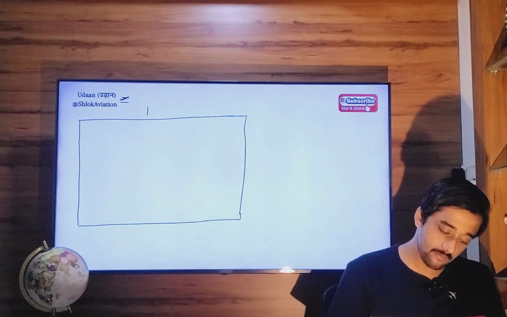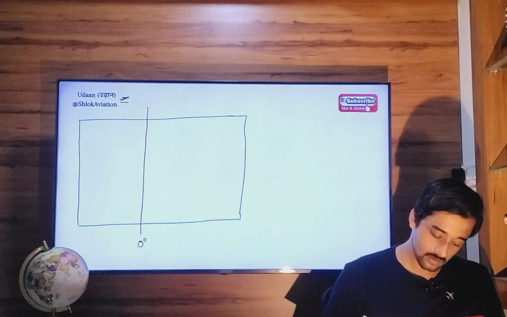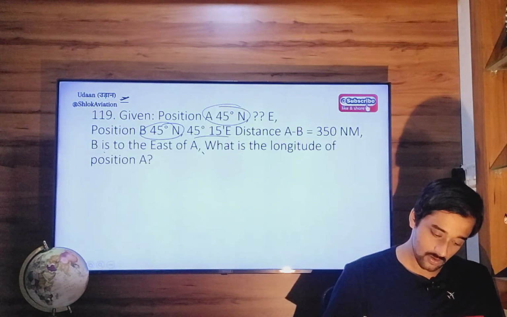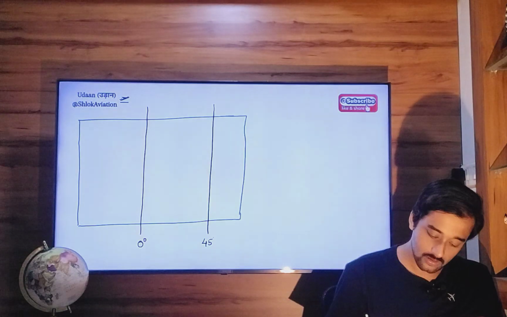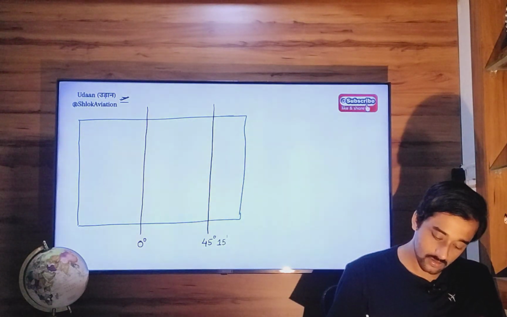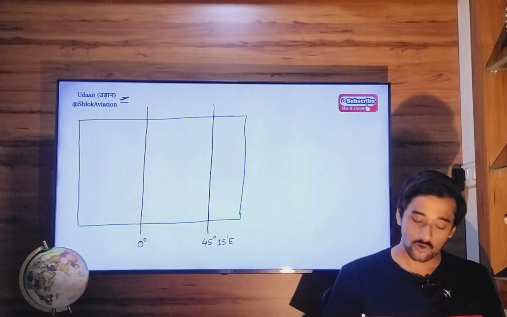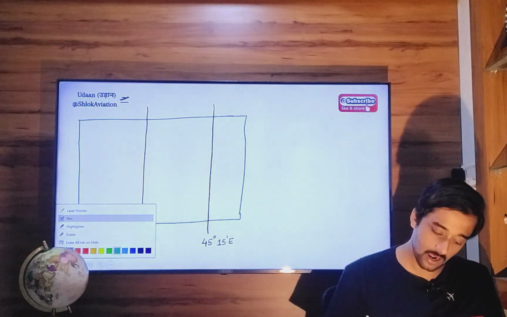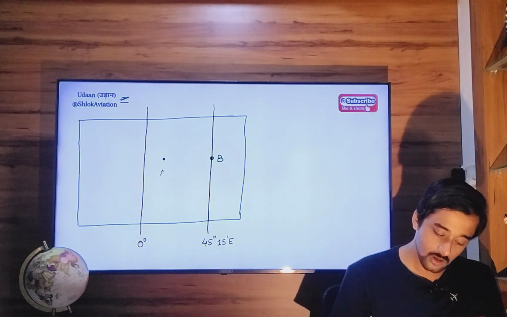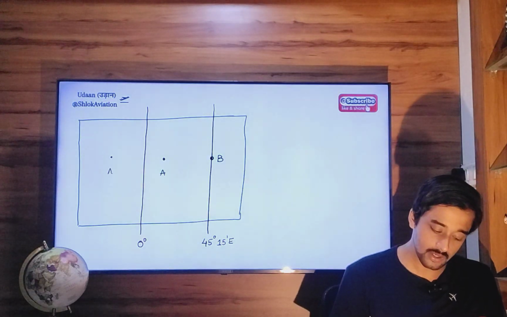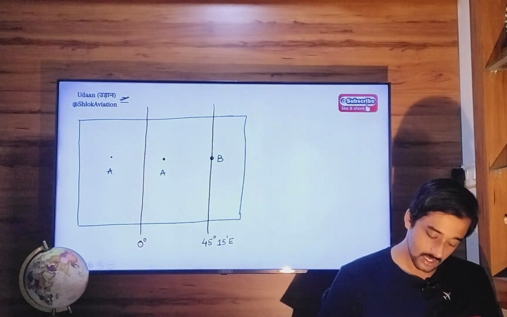Let's say this is your prime meridian, 0 degrees. 45 degrees 15 minutes east is Bravo. Bravo is to the east of A. That means A can be here or A can be in the different hemisphere also.